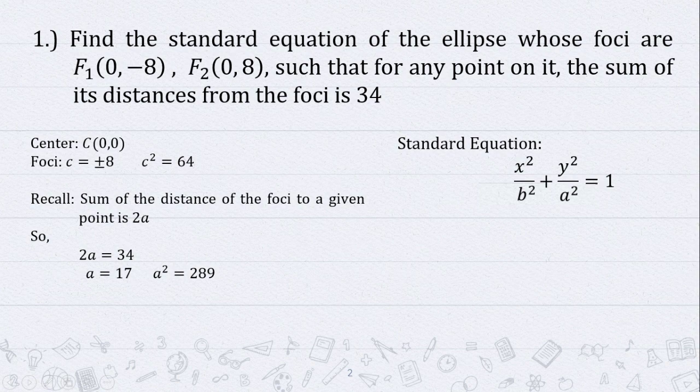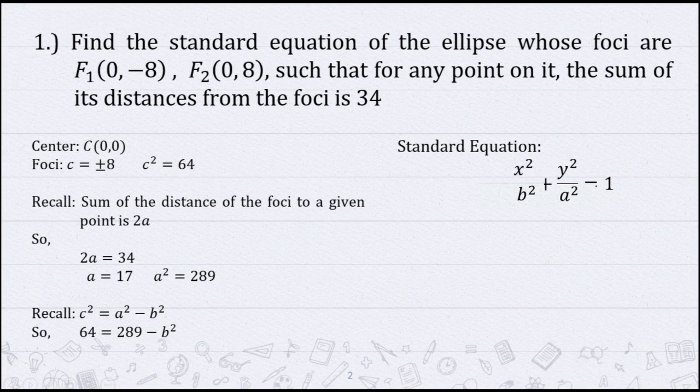Since we already have our c squared and our a squared, we will be getting now the value of our b squared. Recall that c squared is equal to a squared minus b squared. Simply substitute the values of our c squared and a squared to get our b squared. What are we going to subtract to 289 to get the value of 64?